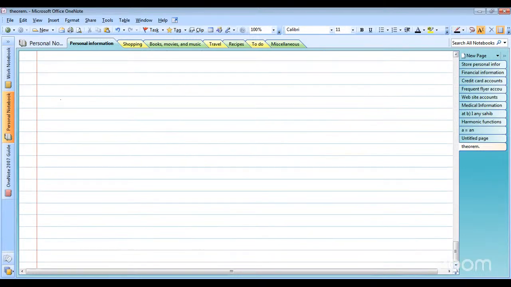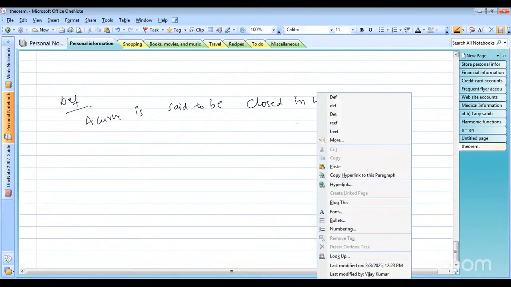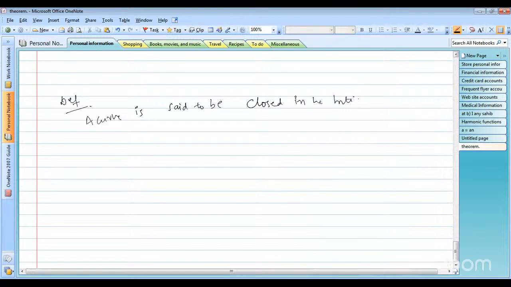Definition. A curve is said to be closed if the initial point z of a and final point z of b coincide.